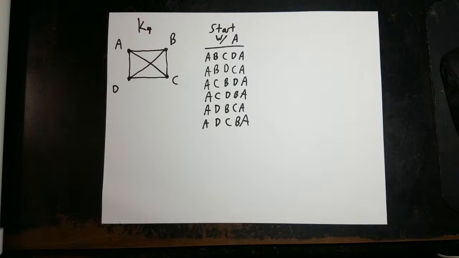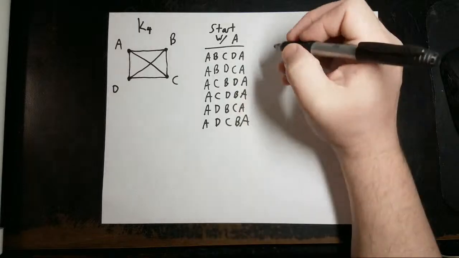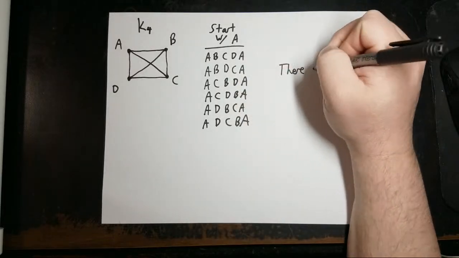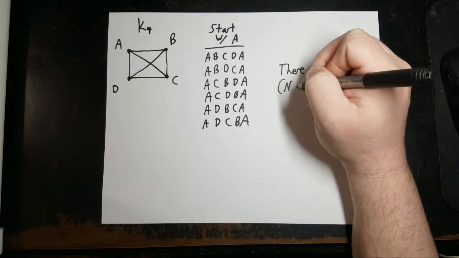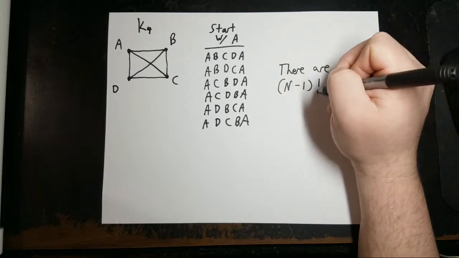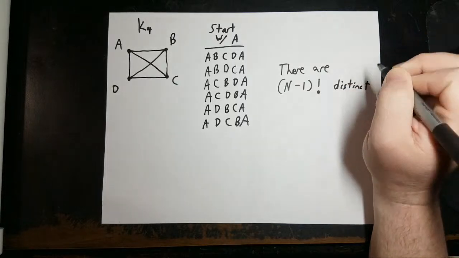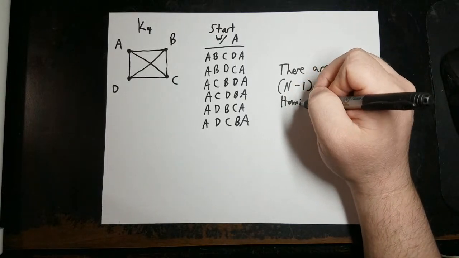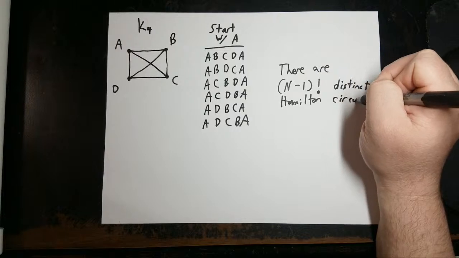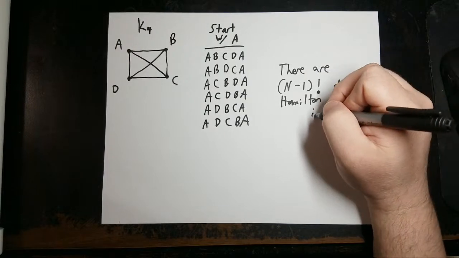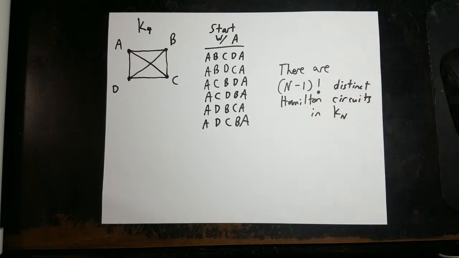Now, obviously, you could write a complete set of sequences if you started with B, or started with C, or started with D. In fact, just for the sake of argument, there are n minus 1 factorial distinct Hamilton circuits in the case of n.